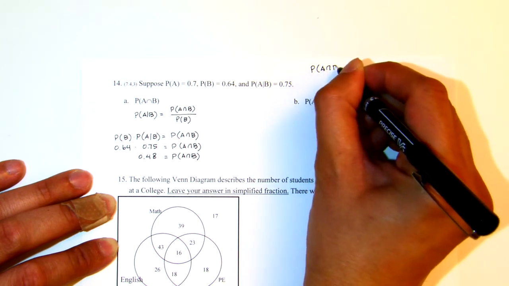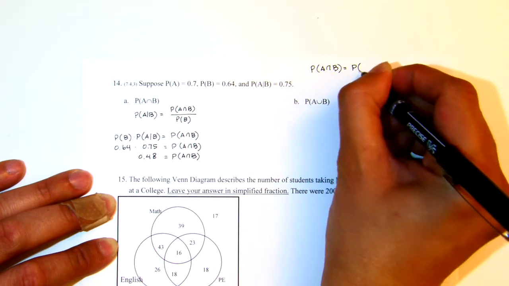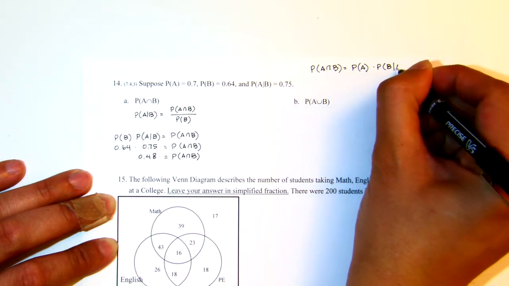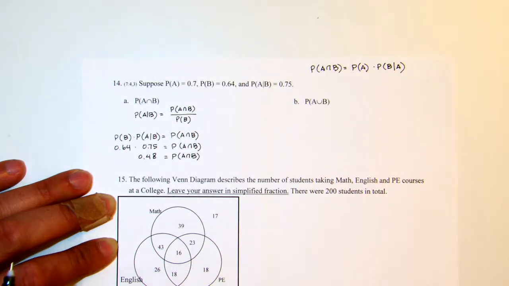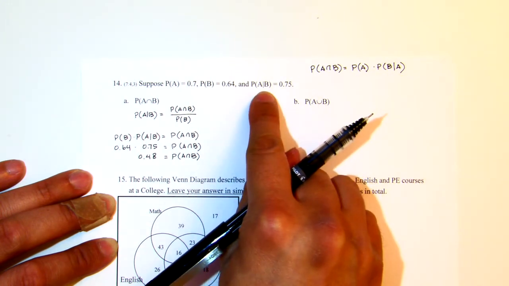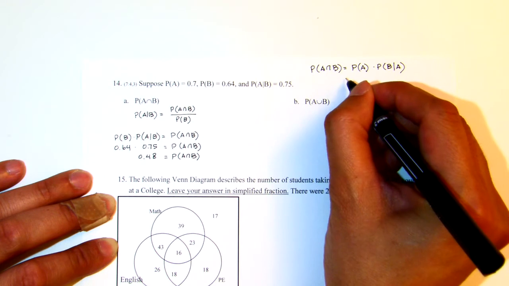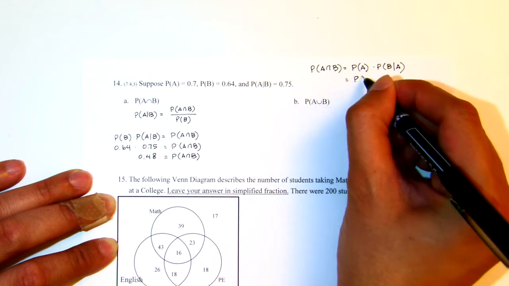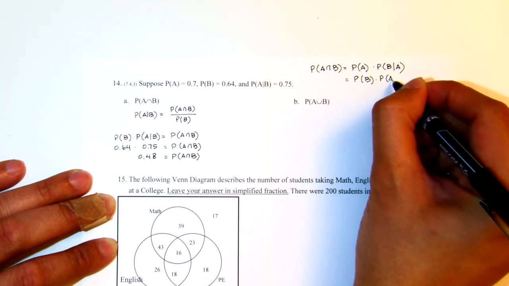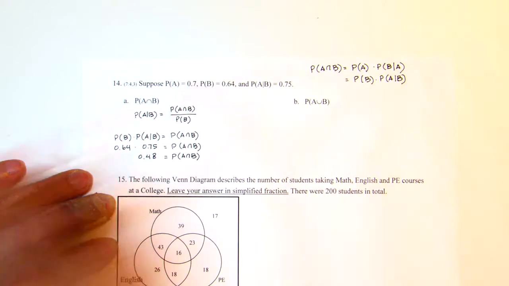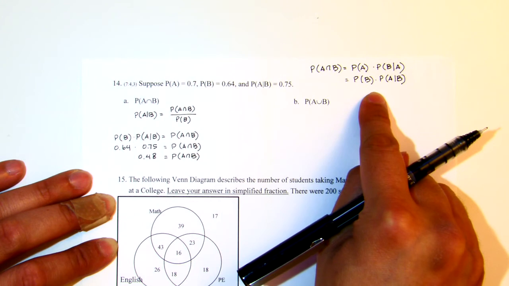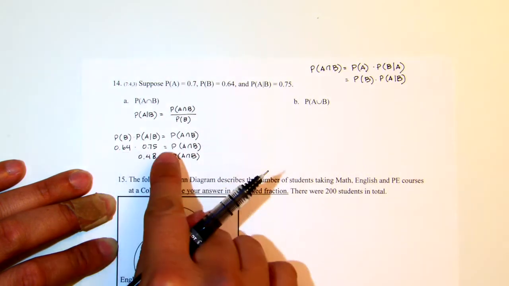Probability of A intersect B equals the probability of A happening first times the probability of B happening after A, right? Unfortunately, we don't have this. The one given to us is probability of A given B. Another way to look at this: let B happen first, then A happen after B. Now see, this formula here is pretty much the same as what we have there.